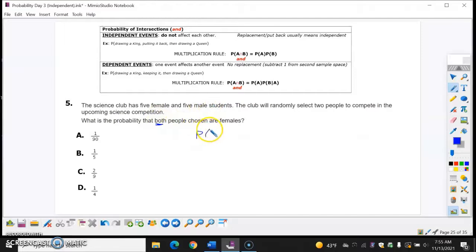We're going to find the probability of choosing a female, and we're going to multiply that by the probability of choosing another female, given that the first person chosen was a female, and we're going to multiply those together.